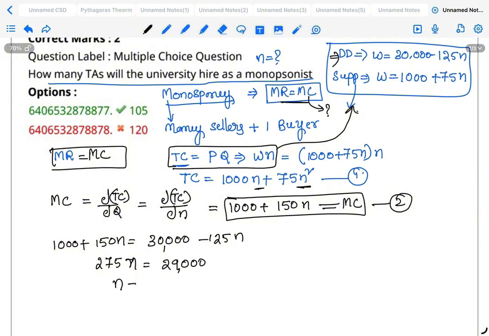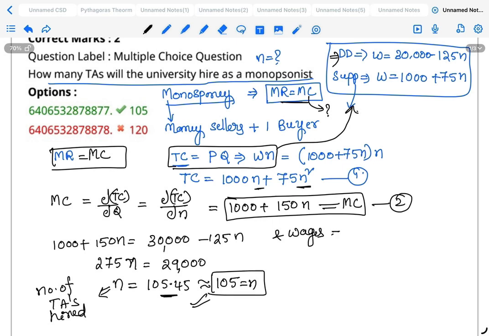That implies N equals 105.45, approximately. N represents the number of TAs hired, that is, persons. It's not in fractional form, so it equates to 105, an integer value. This is the correct value.